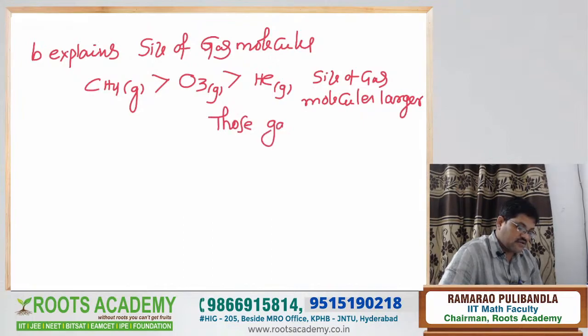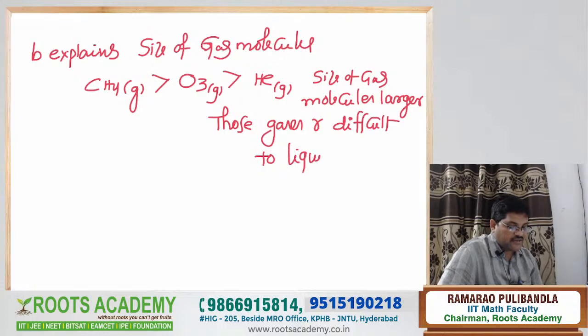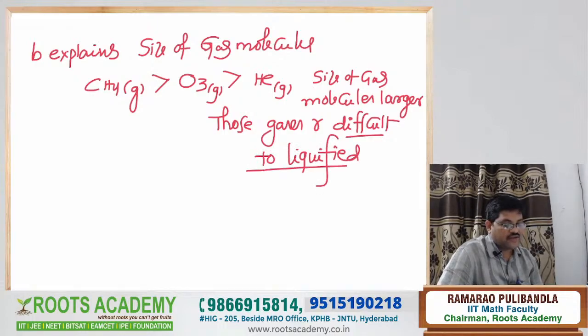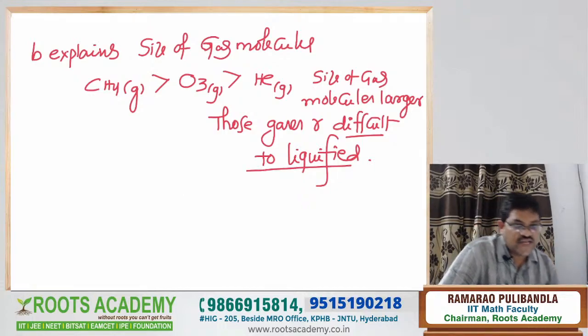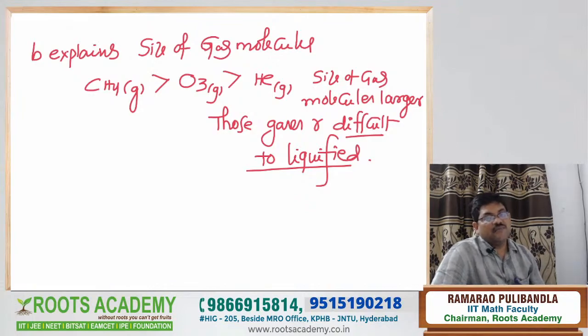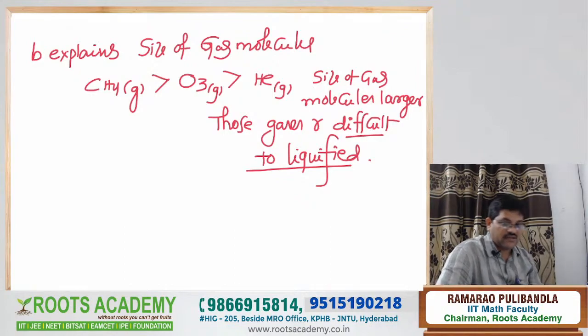Why are they difficult to liquefy? Because it is difficult to compress them. If the size is small, it is easy to liquefy; if the size of the gas is more, it is difficult to liquefy. That is the meaning of b.